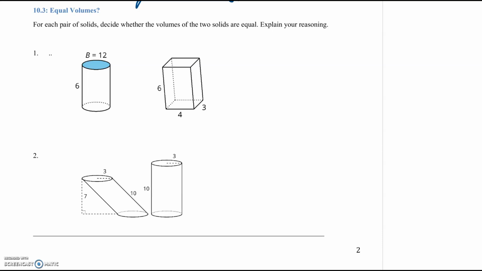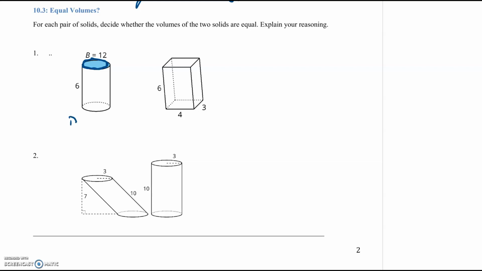Number 1, for each pair of solids, decide whether the volumes of the two solids are equal and explain your reasoning. So here on the left-hand side we have a cylinder, and on the right-hand side we have what looks to be an oblique rectangular prism. If we look at the cylinder on the left-hand side, notice the base area, this round circle here.